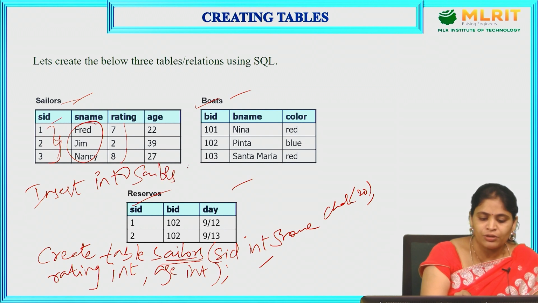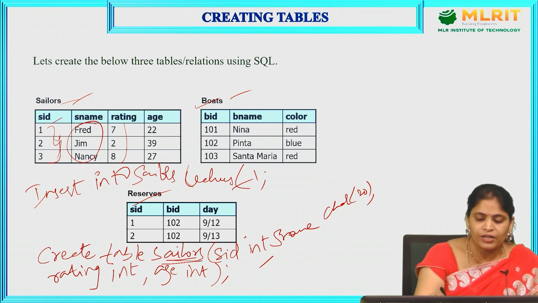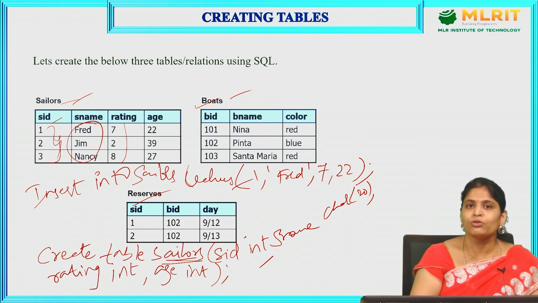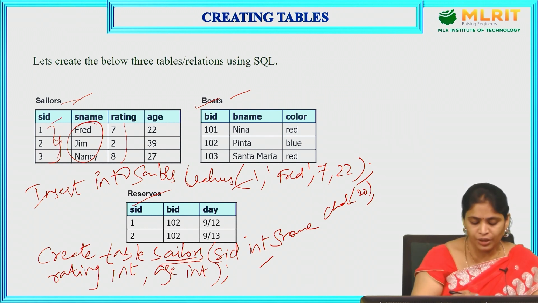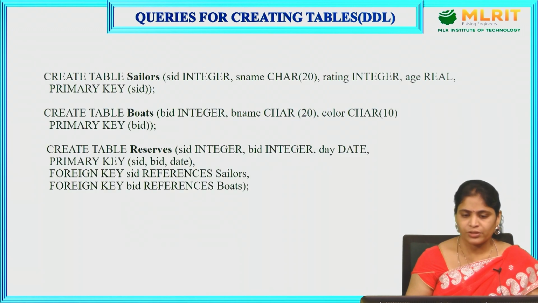Insert into Sailors. What are the values that I am going to insert? Insert into table name values. What are the values here? 1, comma, Fred, comma, 7, comma, 22. So, in this manner, I insert data into a table. In this manner, we create all the three tables.